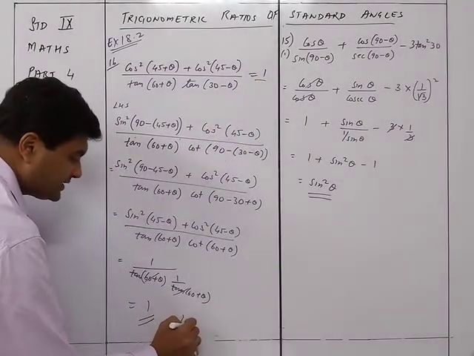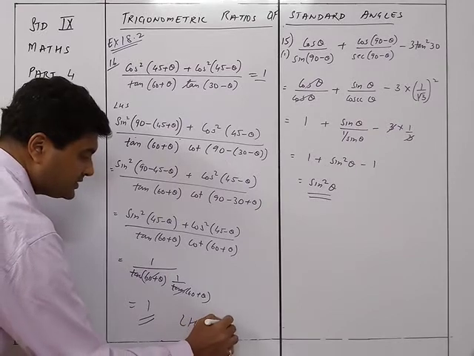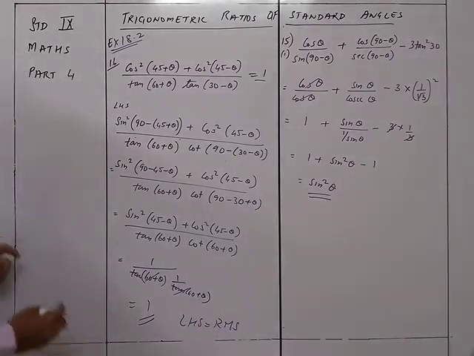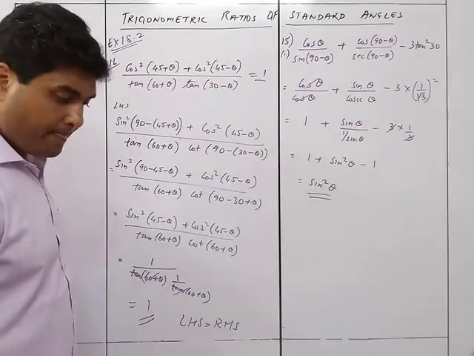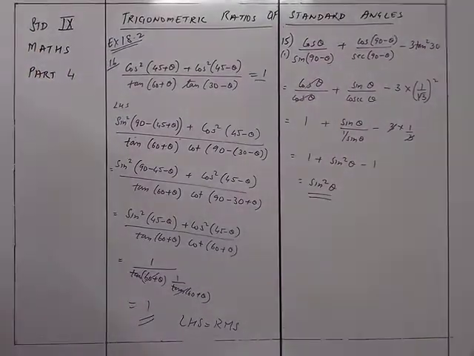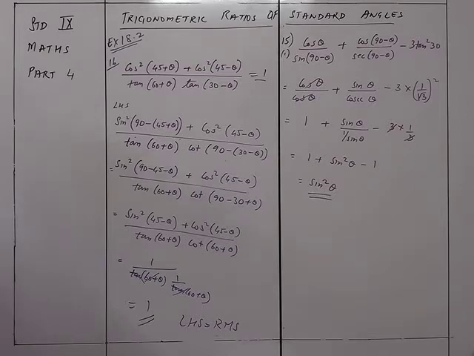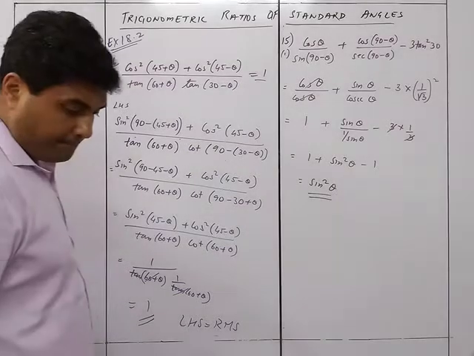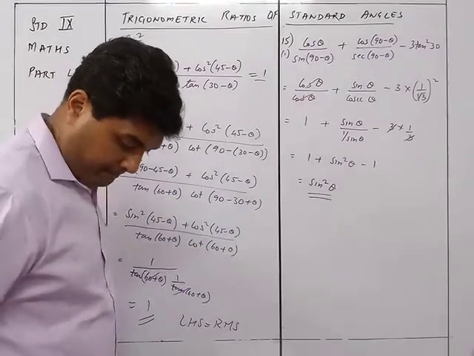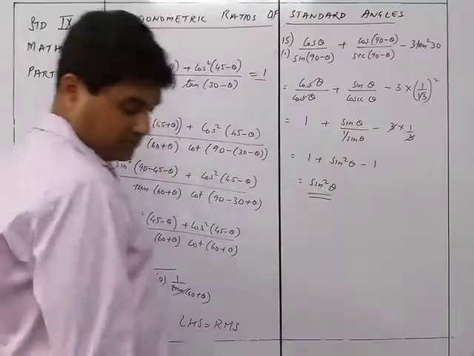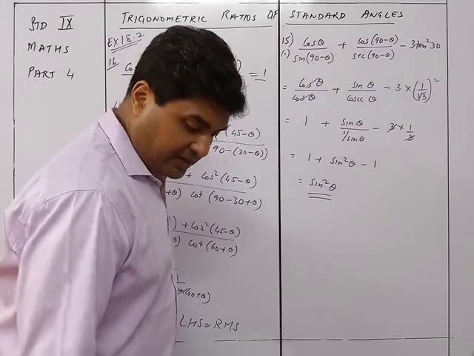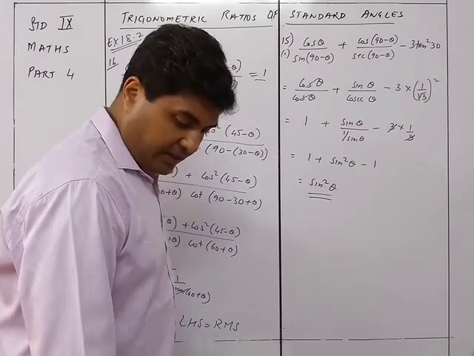So hence LHS is equal to RHS. Clear? Very easy. It was sum number 16. We now move on to sum number 17, parts 1 and 3, then 18 and 19.